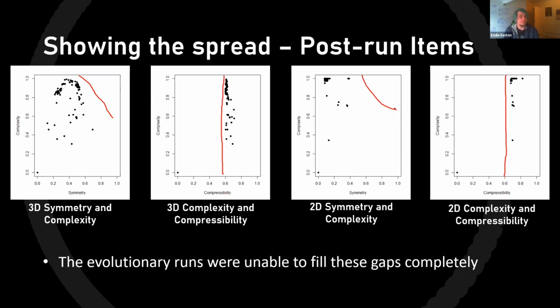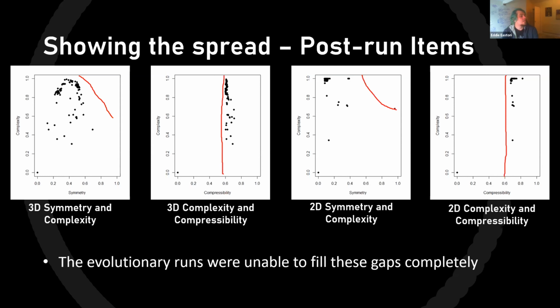Something with a high level of symmetry will be more ordered and therefore potentially measured as less complex. And this really highlights the discrepancy between the measures that we may use to evaluate these items, and our internal perception, where we would quite happily be able to think of something that would be both symmetrical and complex.